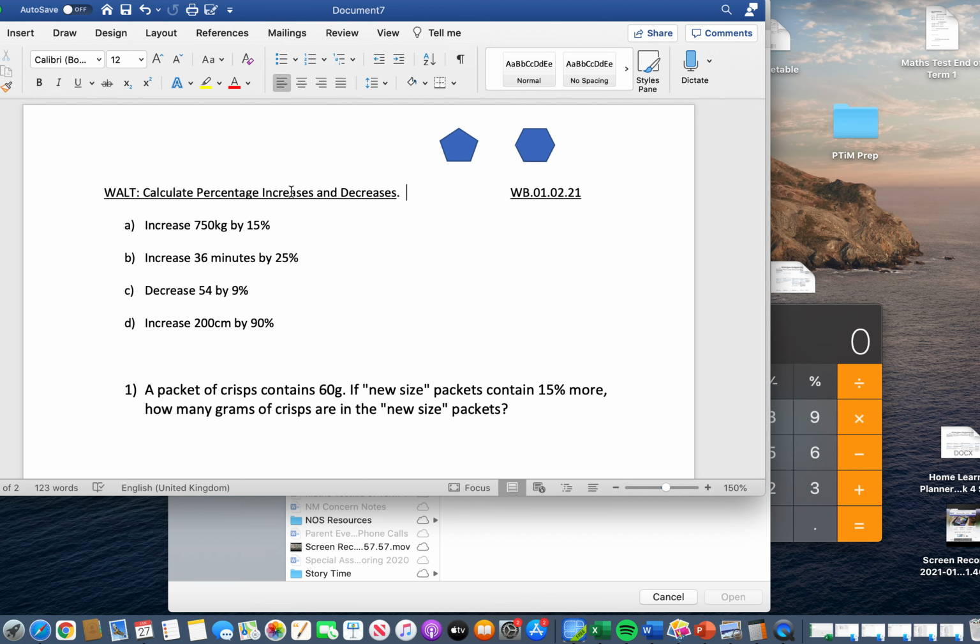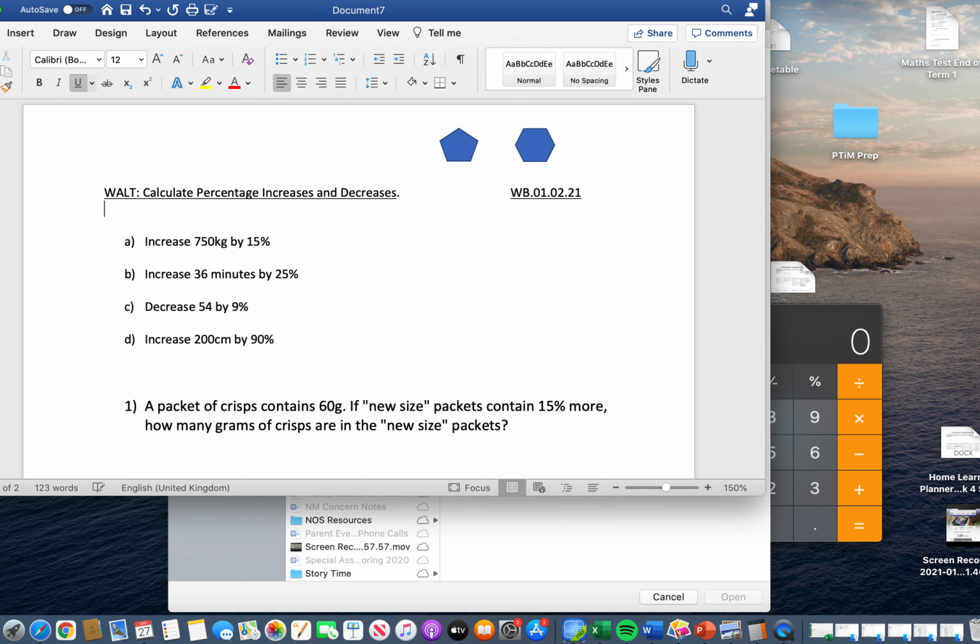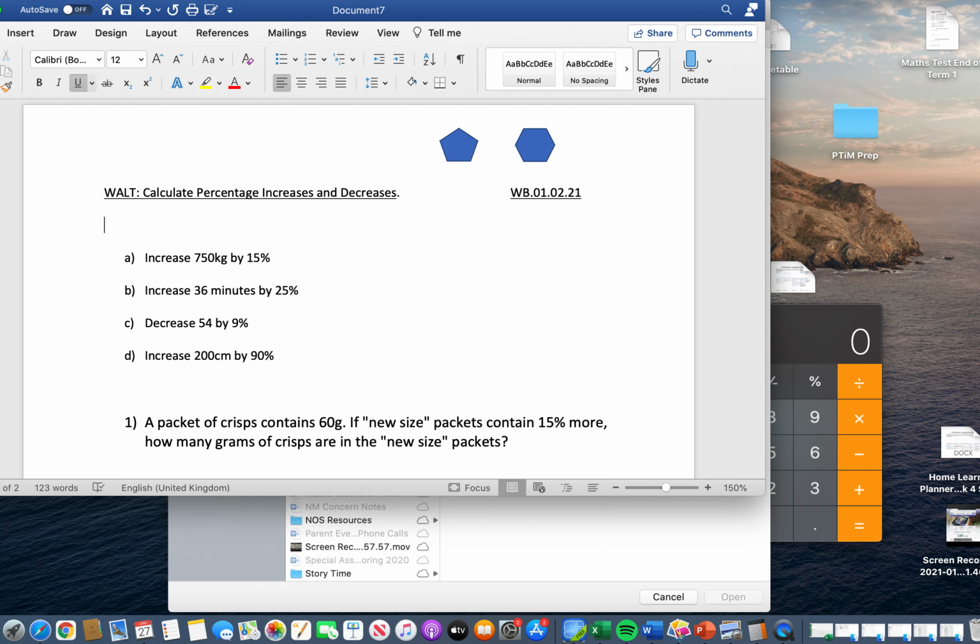When you're trying to find a percentage of a number, there are lots of different ways and strategies, but I'm going to be extremely clear with just one simple strategy. Before you find 15% or 9% or 90% or 7%, always try and find 1% first. So the first thing to remember: find 1% first. That's your first step today.